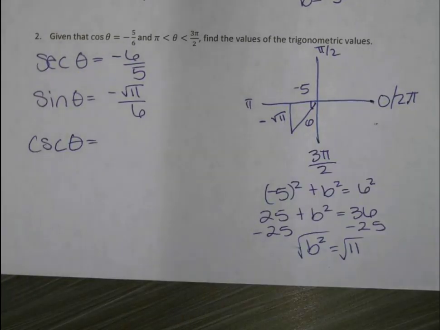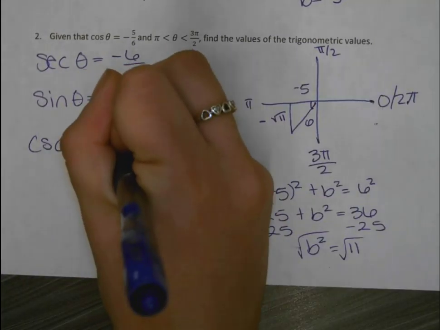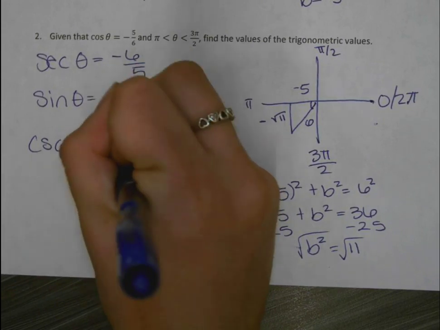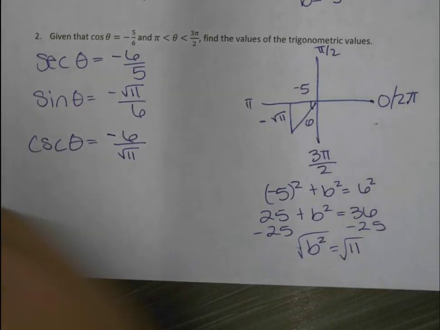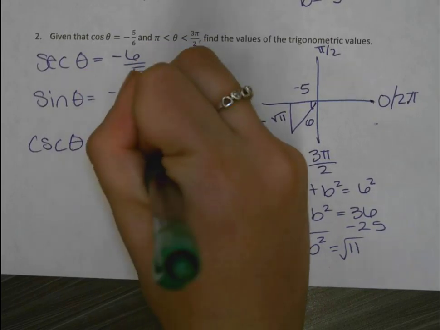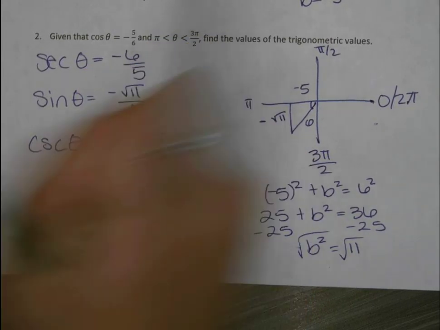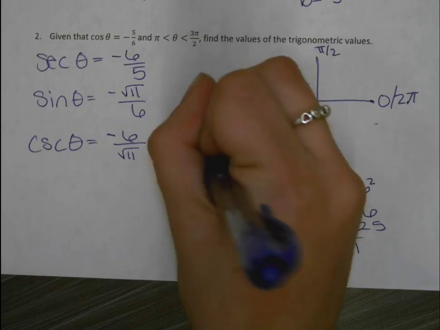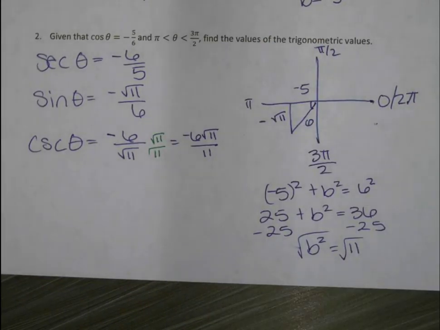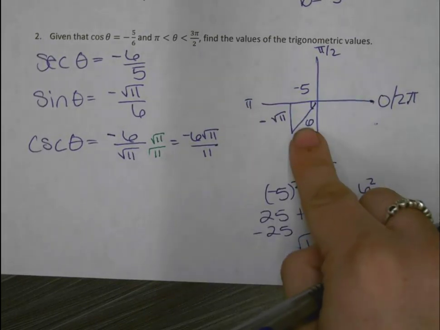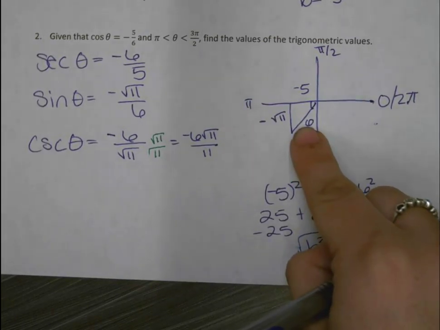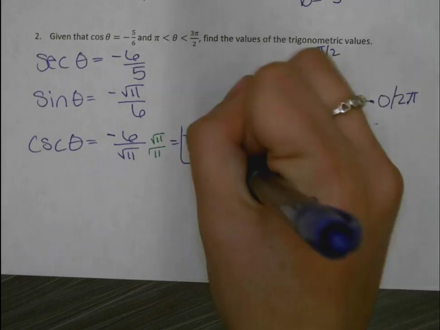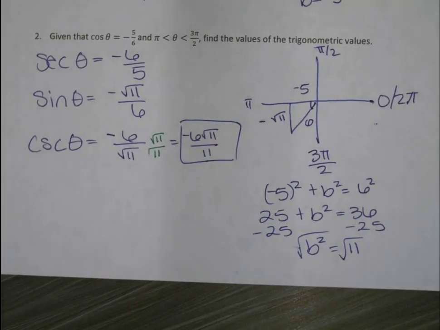I flip it, but remember when I have a radical on the bottom, I'm going to have to move it to the top by multiplying. No, the 6 isn't negative. I just moved the negative there. Then it'd be positive. That's going to happen in the next one I do.